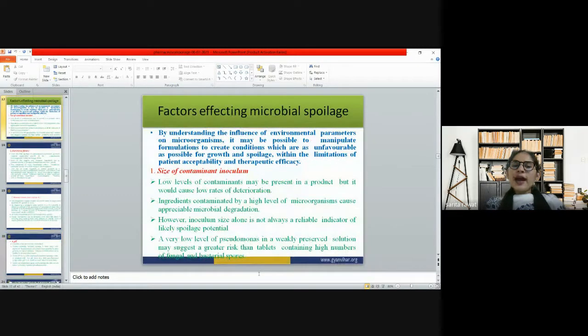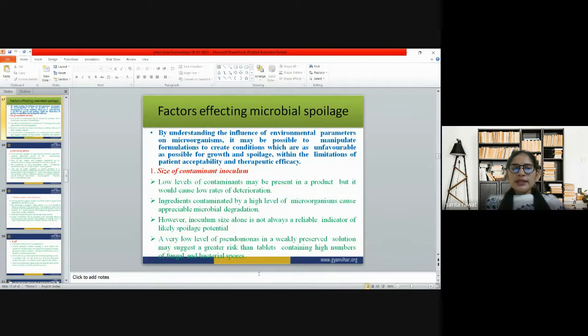Now, the factors that affect microbial spoilage. By understanding the influence of environmental parameters on the microorganism, it may be possible to modify formulations to create conditions as unfavorable as possible for growth and spoilage, within the limitation of patient acceptability and therapeutic efficacy.